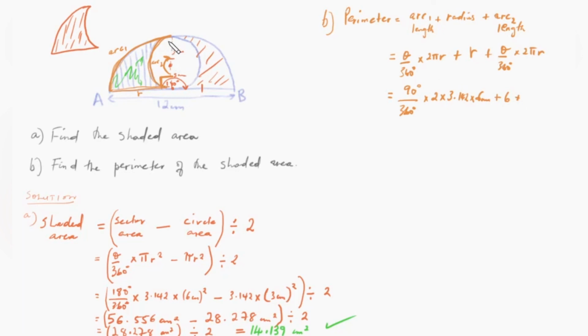When you look at this circle, we are looking at the arc of this semicircle here, whose theta is 180 degrees, over 360, times 2 pi, that is 3.142, times r. The radius of that circle is 3 centimeters. I'm sorry. I have to squeeze here a little bit.